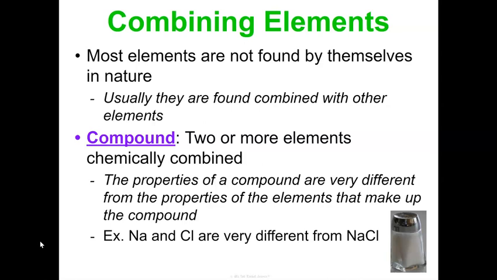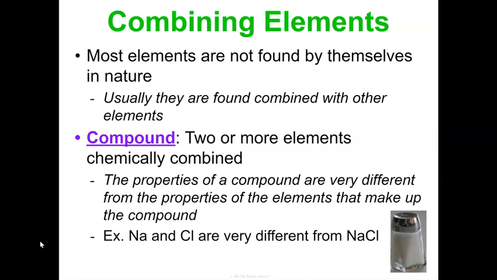Maybe one of the best examples, only because you know what salt is, is sodium chloride, the chemical formula for salt, which is NaCl. And sodium, in its natural state, is a shiny silver solid.